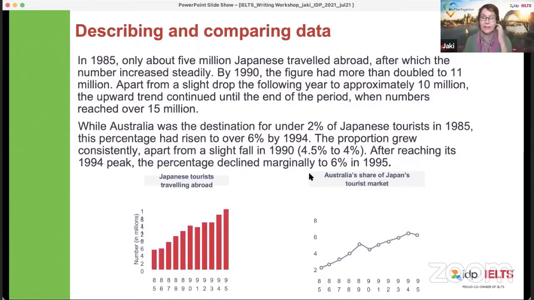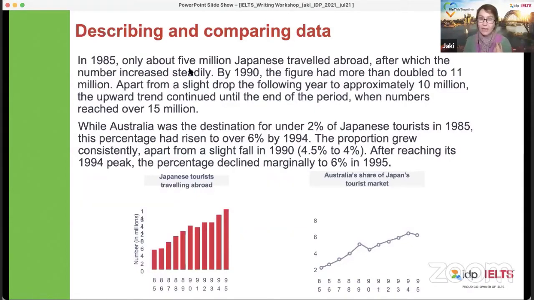Now, remember we had a third job. We have to compare things. You must have this comparing language in your description. Can you see the comparing language? There's some comparing in this paragraph. There's some in the first sentence. Doubled?